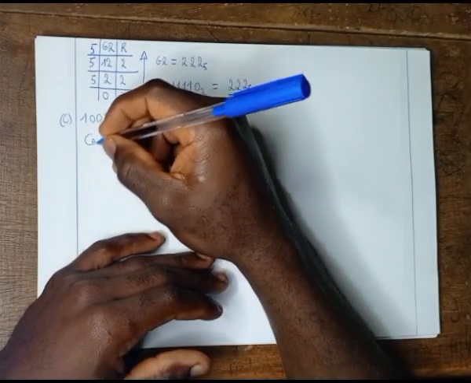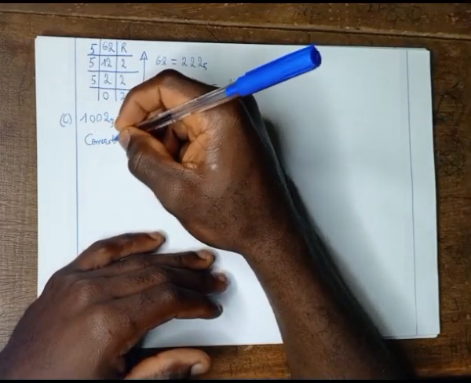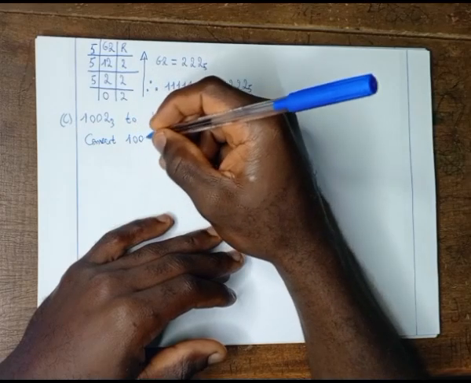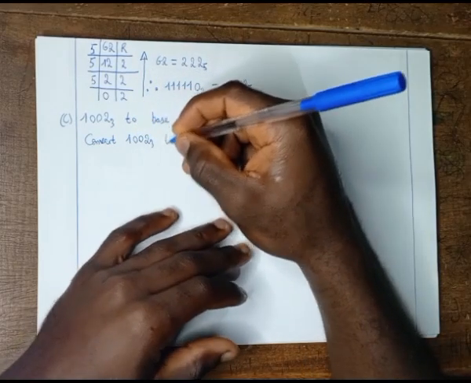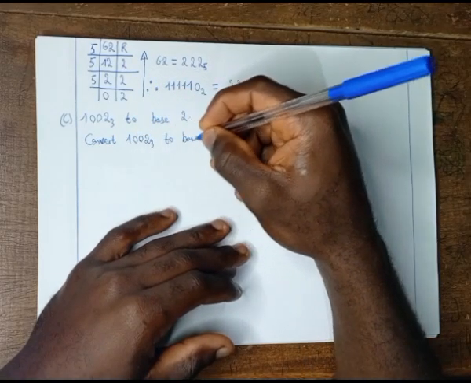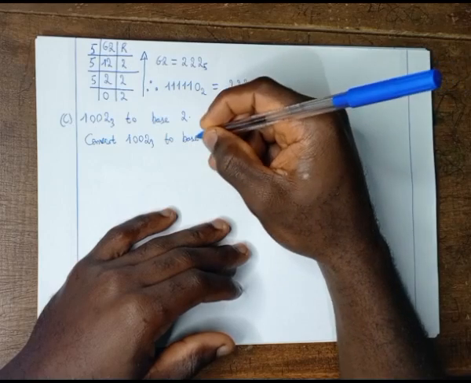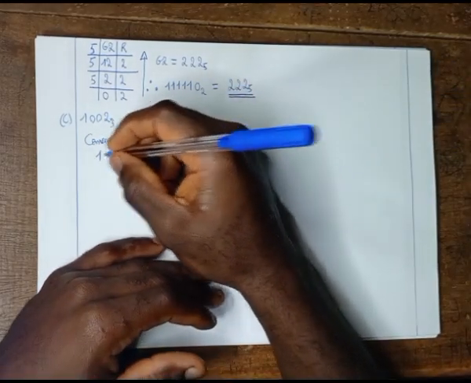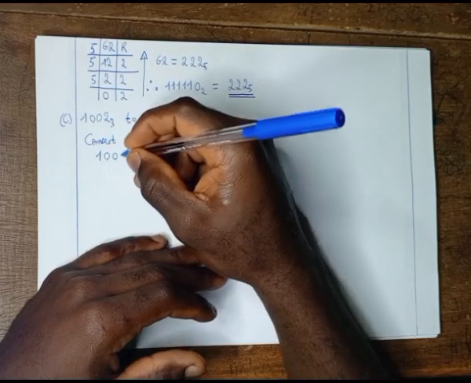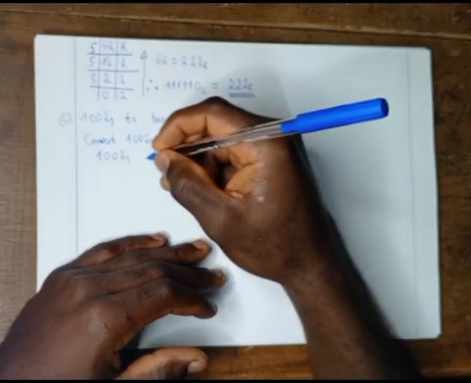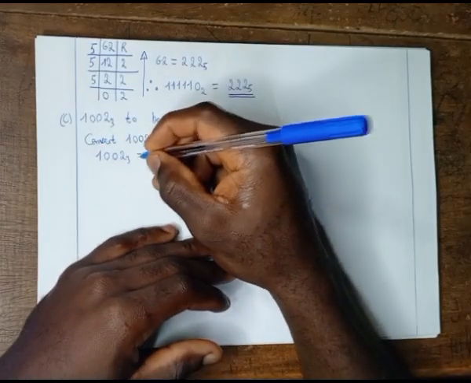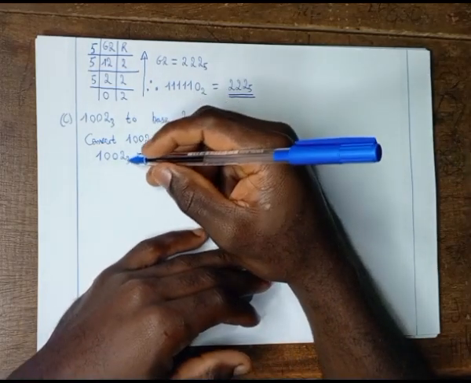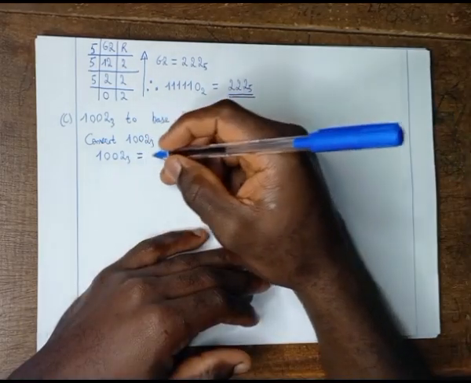First step, we have to convert the number 1, 0, 0, 2 in base 3 to base 10. For us to perform this conversion, we need to expand the number 1, 0, 0, 2 in base 3.